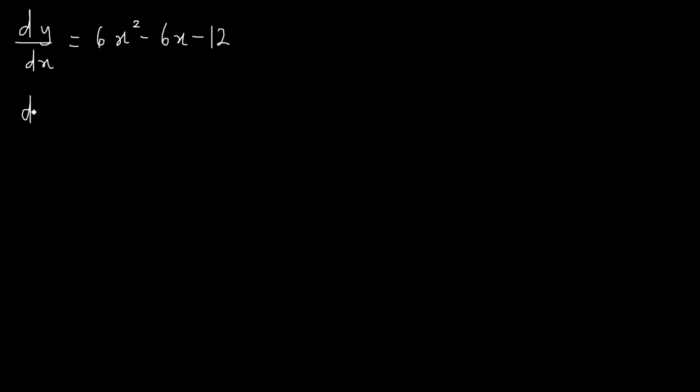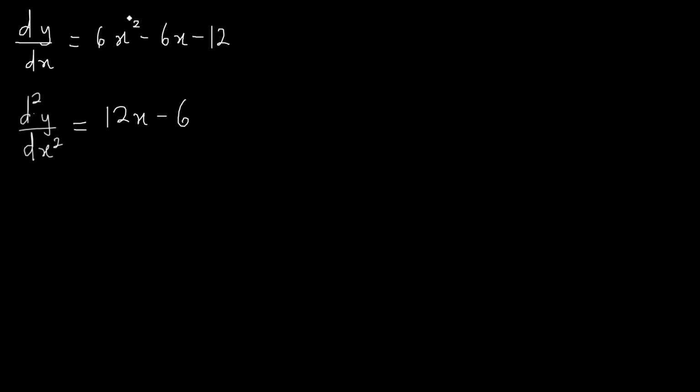So that means our second derivative, d squared y over dx squared, will give us 12x minus 6.